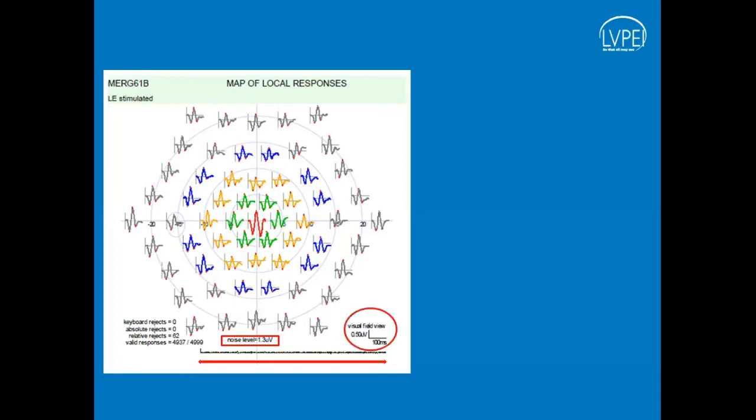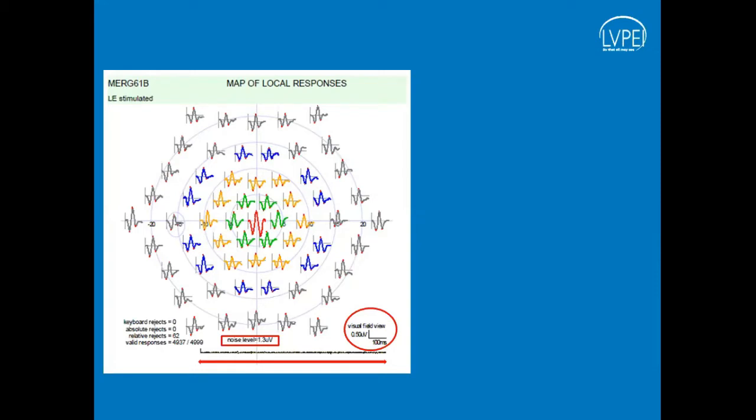And the visual field view here is also pretty important. That scale, you must look at it, because it determines how much the amplitude could be. Previously I explained that the amplitudes extracted during multifocal ERG are pretty small.